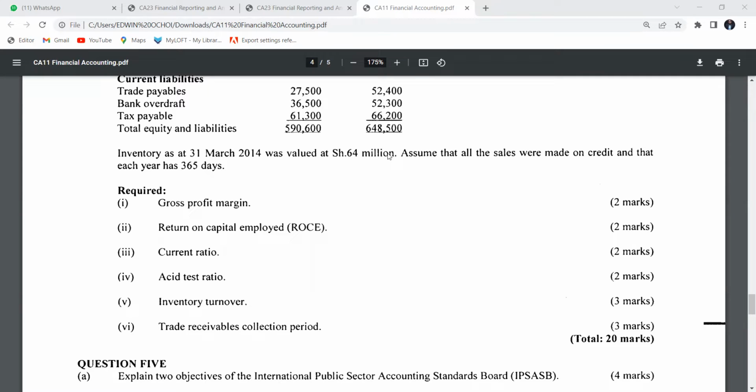That is what I used. So to get the average for 2015, you take that of 2014 plus 2015 divided by 2. To get the average for 2016, you add 2016 and 2015 and divide by 2. And then you take your cost of sales, divide by the answer.